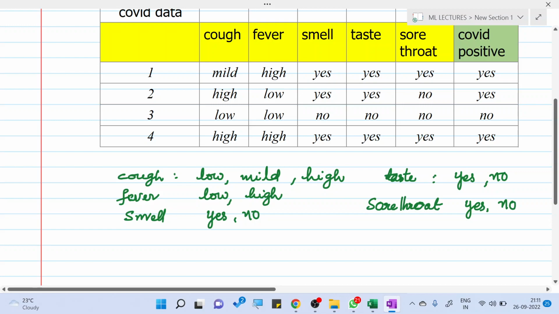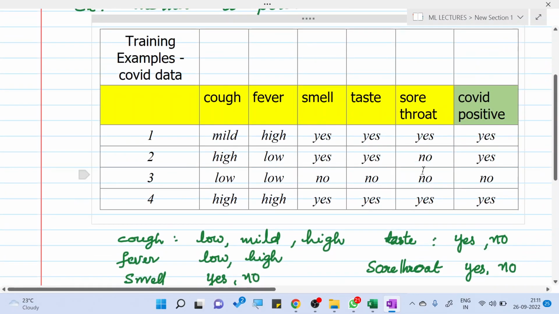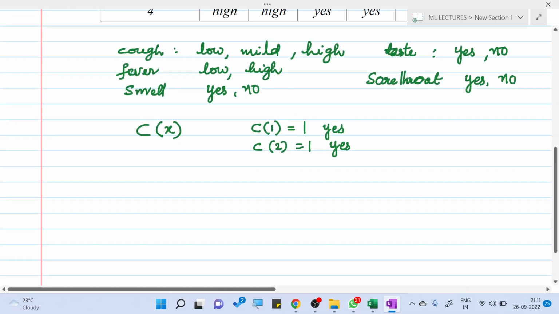This whether the person is COVID positive or not is called C of x. So C of 1, example 1 is yes, that means it is 1. C of example 2 is again yes, so it is 1. The third example is no, so C of 3 is 0, and C of 4 is again 1.